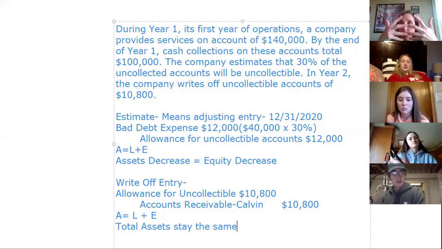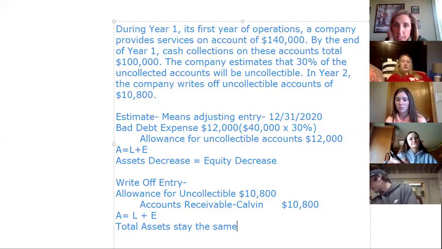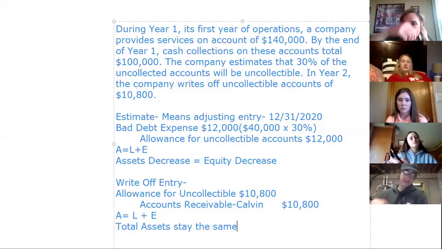We have to do that bad debt expense in the same month, quarter, or year. And so the effect, right, we wrote up here, the effect is that assets decreased and equity decreased in the right period, in the right year that I recorded revenue. So then when I have to go and write something off, there's no effect of it.